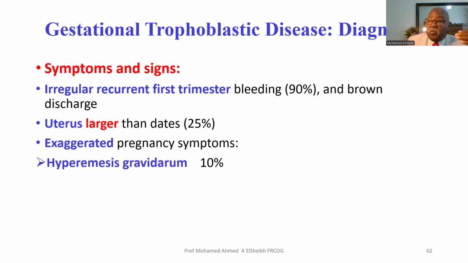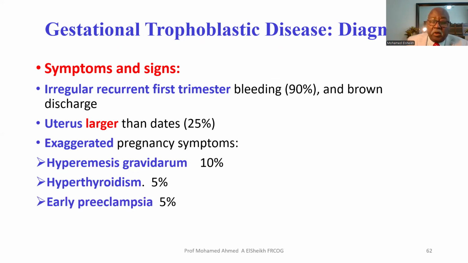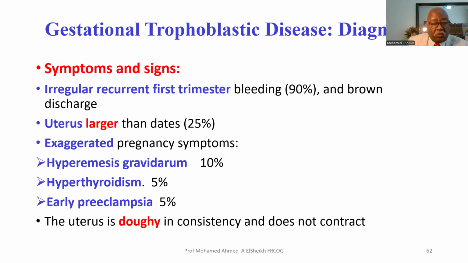And by those symptoms of pregnancy, exaggeration occurs in morning sickness, which could go to the state of hyperemesis gravidarum, or they could have hyperthyroidism, or they could have early preeclampsia. So these are exaggerated pregnancy symptoms. Some of them, obviously, are due to the hormonal effect of the disease.